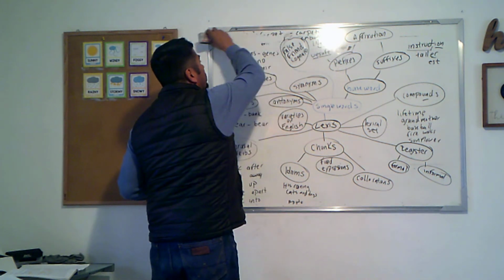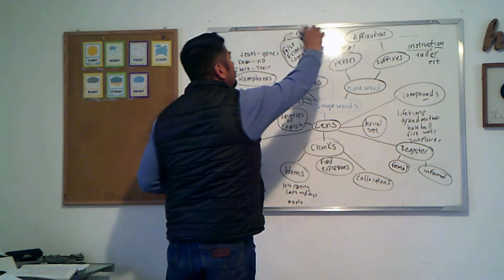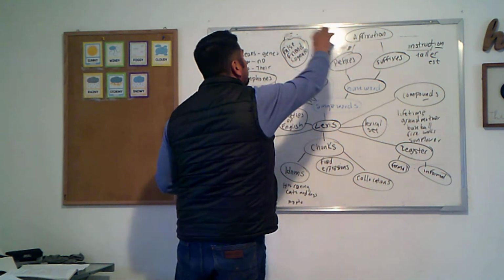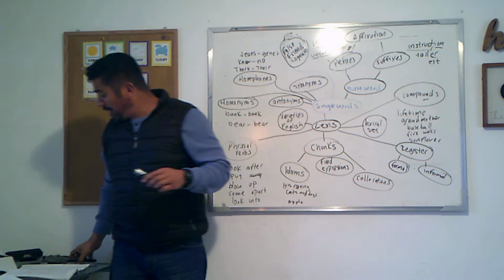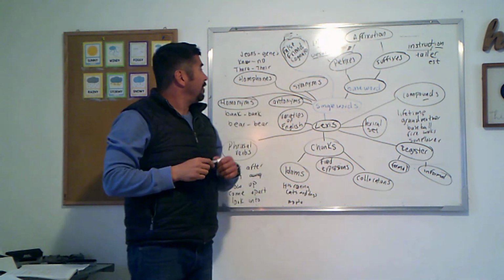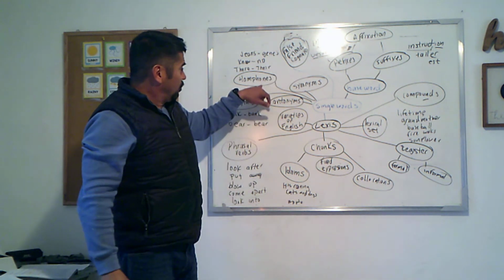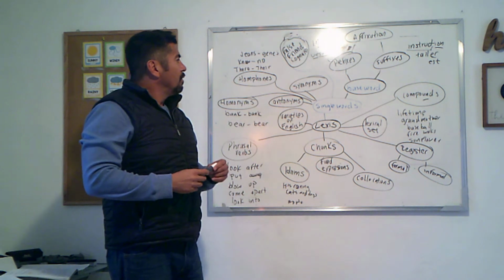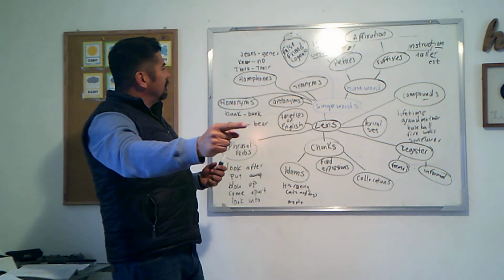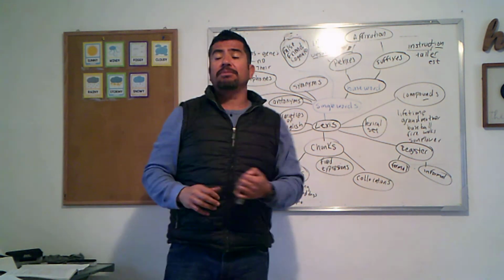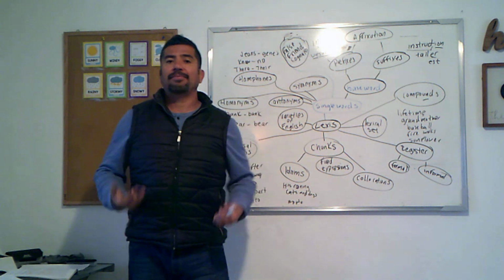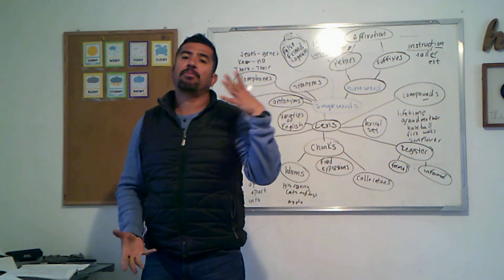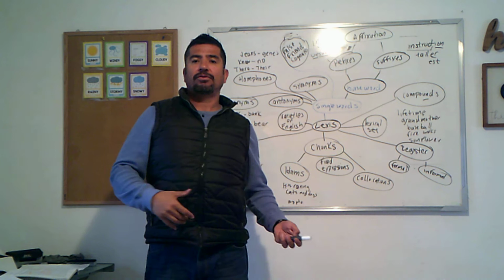Now that we got what false friends are, let's go to synonyms. Did we already go over synonyms? No, we haven't. Synonyms are words that mean the same thing. For example, pretty and beautiful.